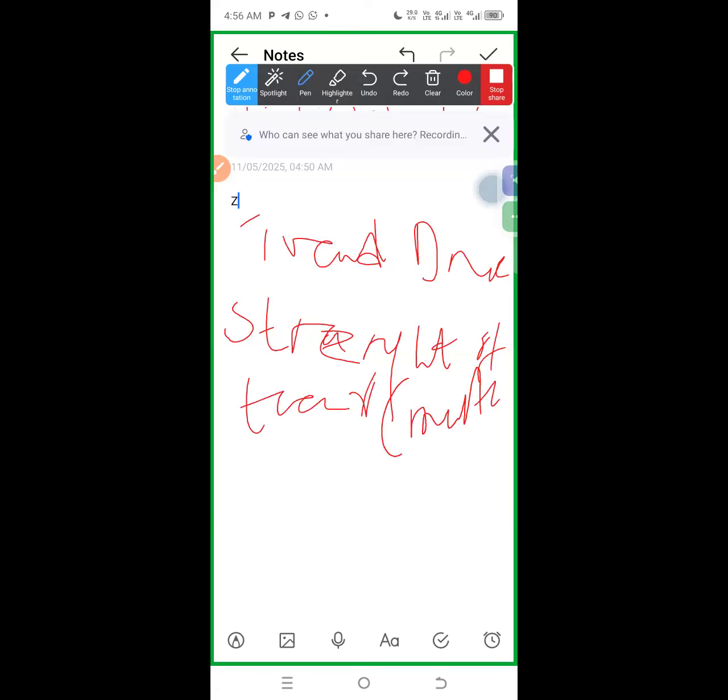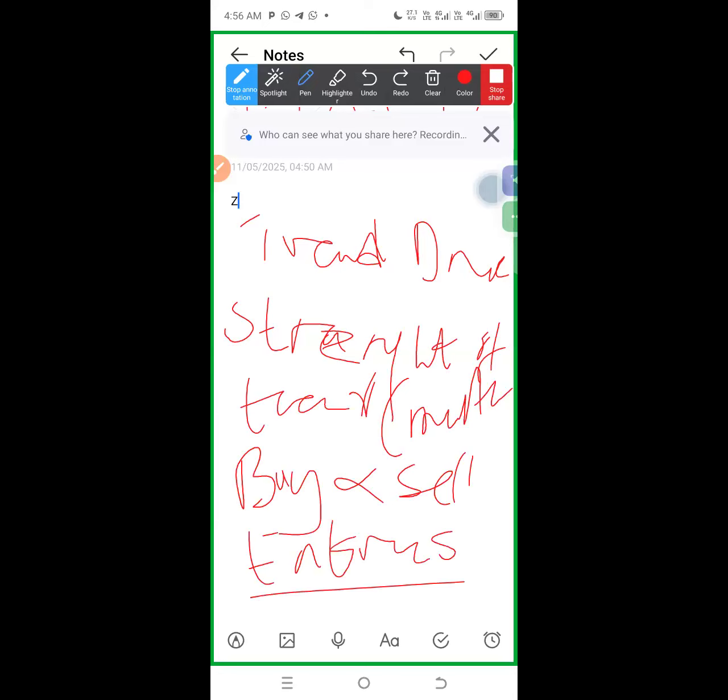Then also, after we study MACD, we may be able to know how to use it to make buy and sell entries.